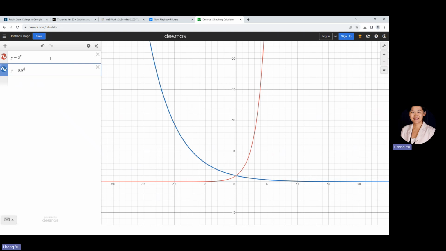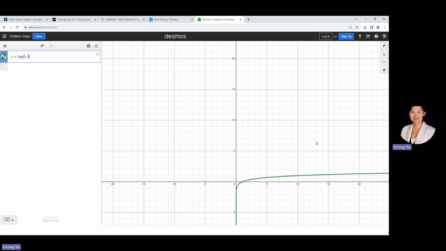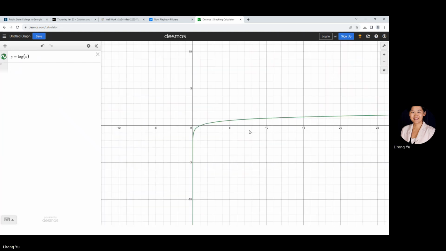So this is where a is less than 1. The red one is when a is bigger than 1. And let's talk about the logarithm function, y equals logarithm. I should erase them so it's easier to see. This is the logarithm function.